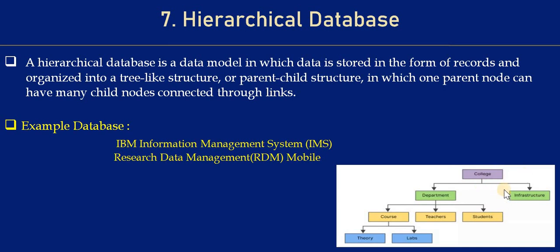Here we can see a hierarchical, tree-like structure. Here we have a college. Within a college we have departments and infrastructure. Within the department we have the course, teachers, and students. Within a course we have theory and labs. So here we can see a college tree-like structure.